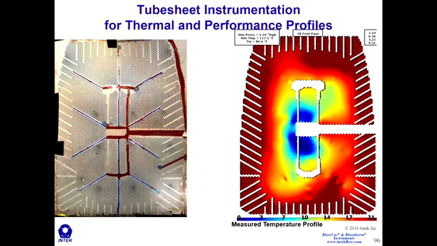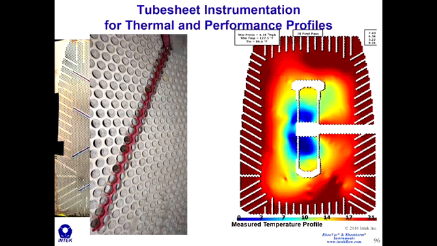The instrument that we've installed here is a high density temperature array. We're measuring temperatures at every single tube location. Actually, there are 2 temperature sensors for every single tube all the way along this length here. And what we're doing is using the temperatures measured at this location to get the water temperature exiting these tubes. And it's a very high density temperature array.